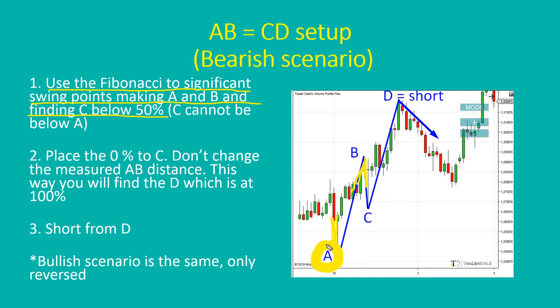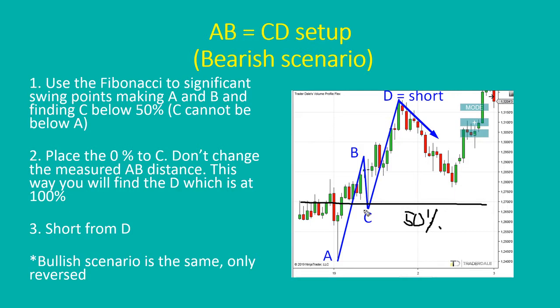So this one is A, this one is B, then you can see the price goes downwards below 50% of the distance from A to B. If the price went just, for example, in here, then it would be above 50% and it would be invalid, all right? So what you need to see is the point C being below or at the 50% between A and B. So this is the C, all right?